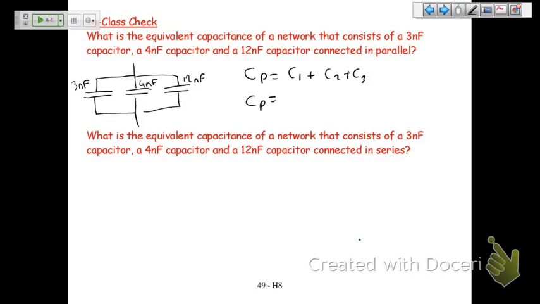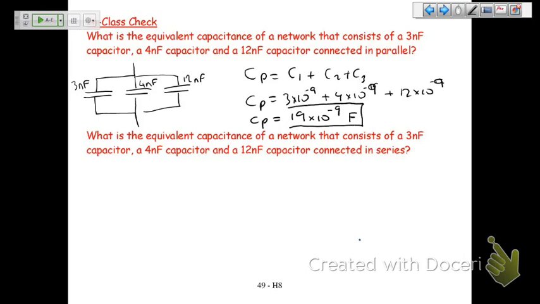C parallel equals 3 times 10 to the minus 9 plus 4 times 10 to the minus 9 plus 12 times 10 to the minus 9. C parallel is equal to 19 times 10 to the minus 9. I'm rushing. Whenever you rush, you pay a big price. Just add them together.